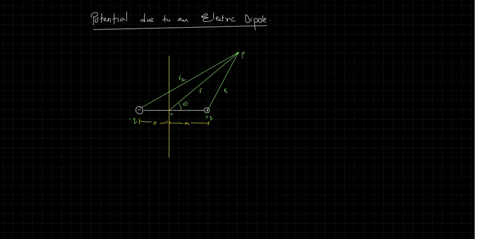A single point charge is given as V equals 1 by 4 pi epsilon naught, Q by R. So we consider a dipole of dipole moment p equals Q times 2a.